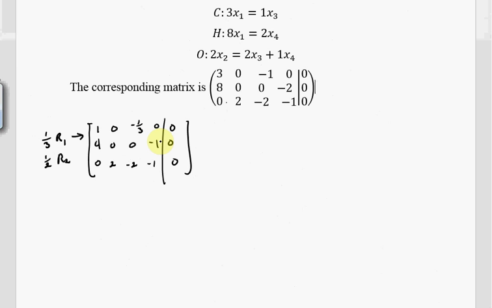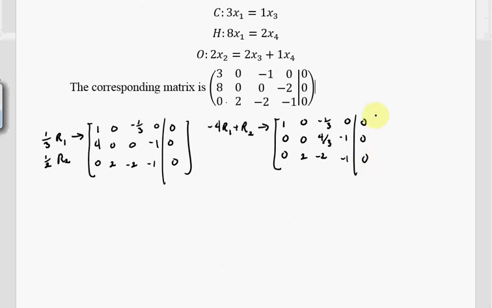Okay. Let's take A11 to get a 0 below it. So negative 4 times row 1 plus row 2. We get 1, 0, negative 1/3, 0, and 0. Then 0, 0, this becomes 4/3, this stays negative 1. This is 0, 0, 2, negative 2, negative 1, 0.